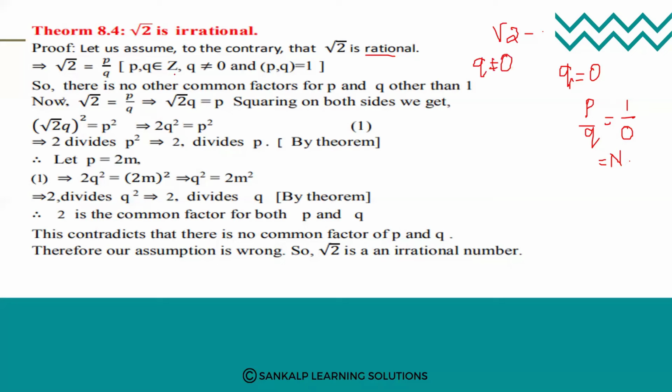Okay. P and Q belong to integers. Q is not equal to 0. And HCF of P and Q is equal to 1. What is the meaning of this? So there is no other common factor for P and Q other than 1. What is the meaning of this sentence? Can you tell me? There is no other common factor for P and Q other than 1.